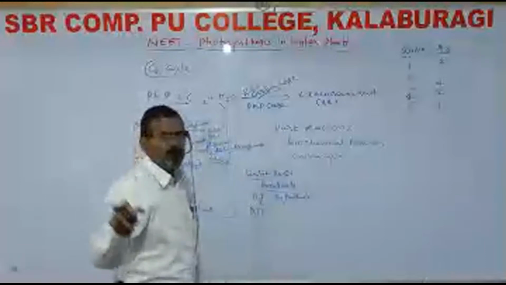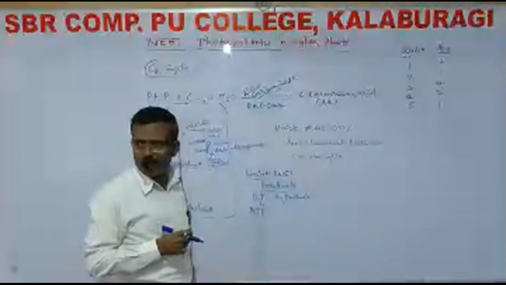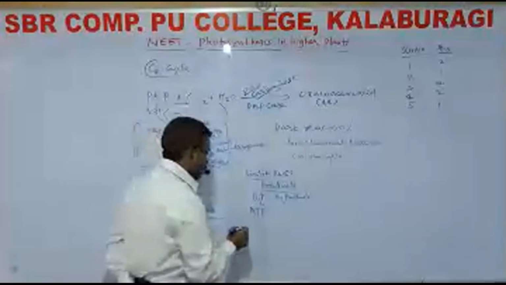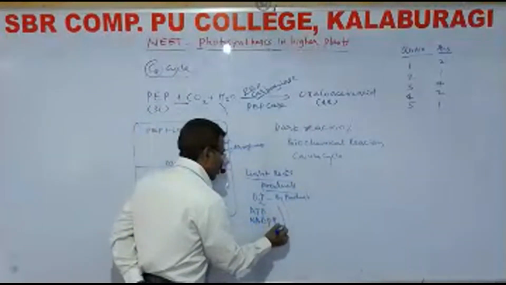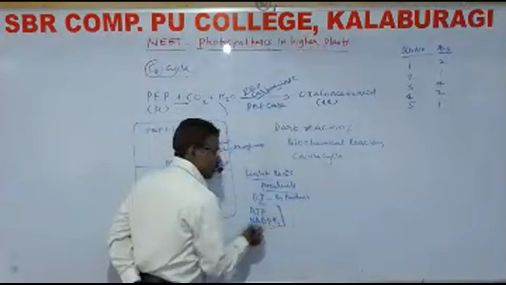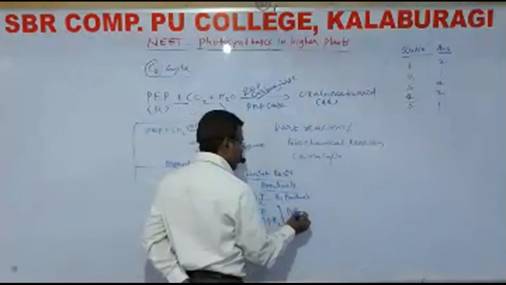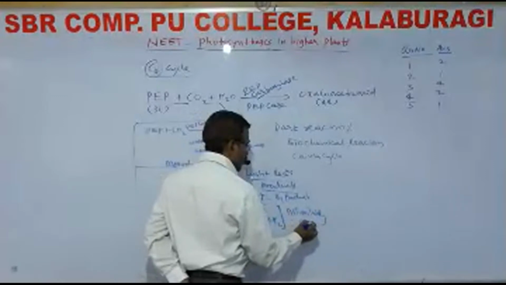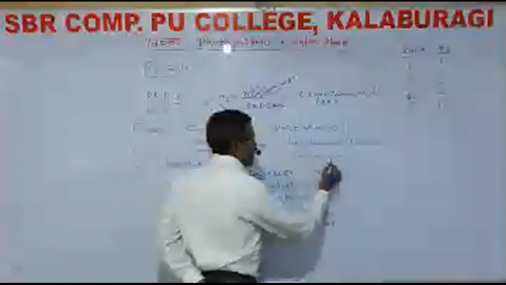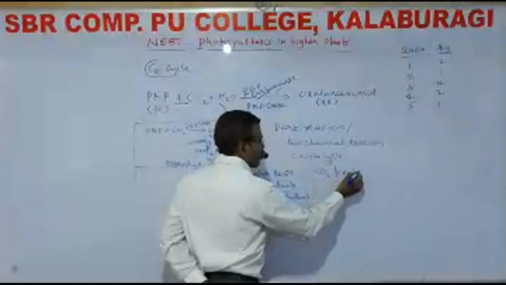The synthesis of ATP is explained by the chemiosmotic hypothesis as given by Peter Mitchell. Then one more, you have NADPH2, that is strong reducing power. So these are assimilatory powers. These are used in the Calvin cycle for carbon dioxide fixation.